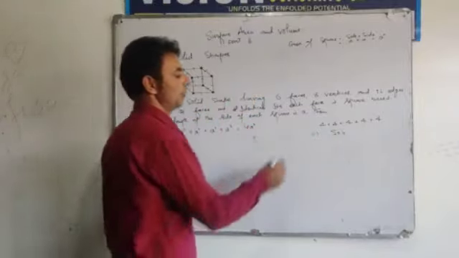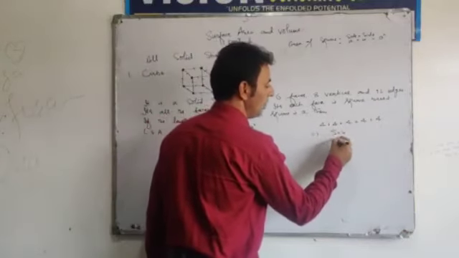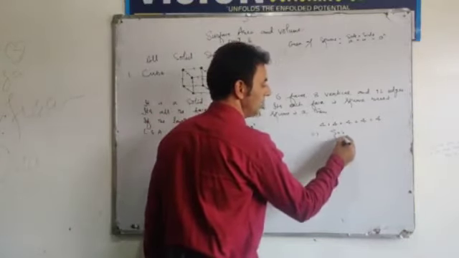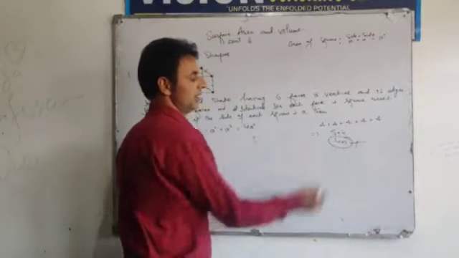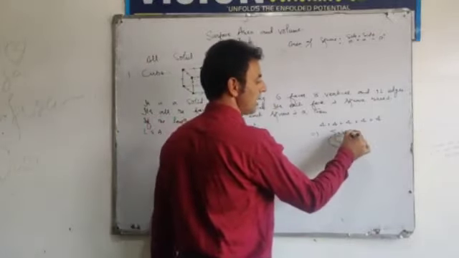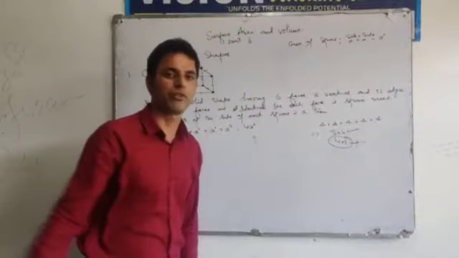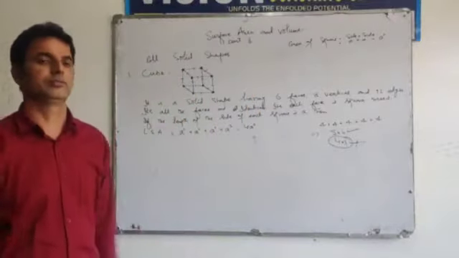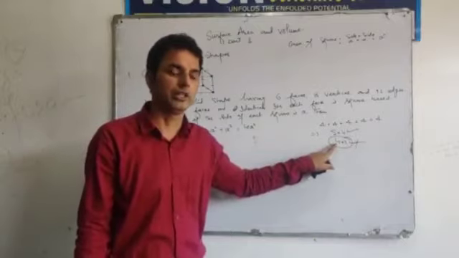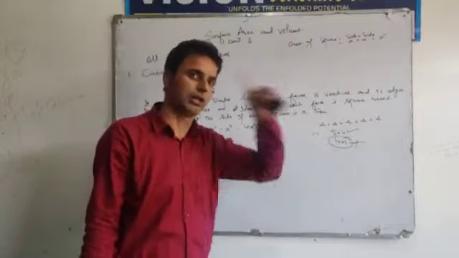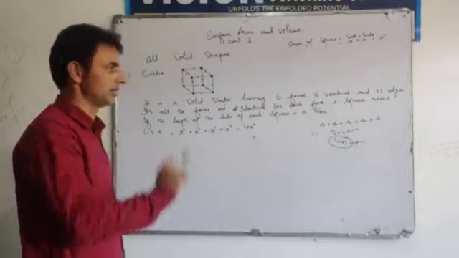If wrongly you write 4 times 5, then you are wrong. 5 times 4 is right, but 4 times 5 is wrong. This is not the way of converting repeated addition into multiplication. इस चीज को याद रखना.